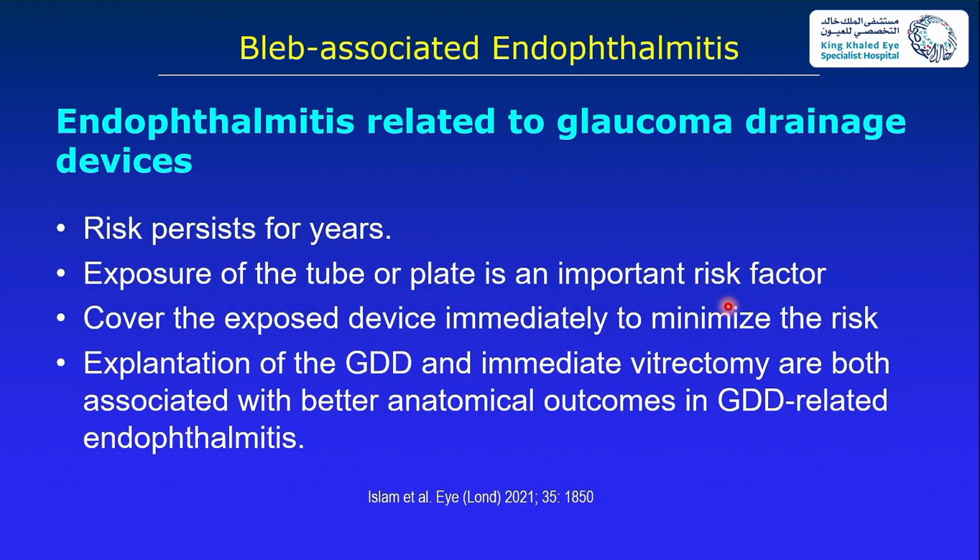I have seen cases like this. The plate is exposed, not covered by conjunctiva. So you need to cover the exposed device immediately to minimize the risk. And if there's endophthalmitis, you need to remove the device with vitrectomy.